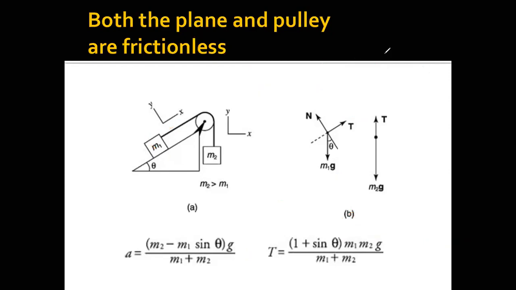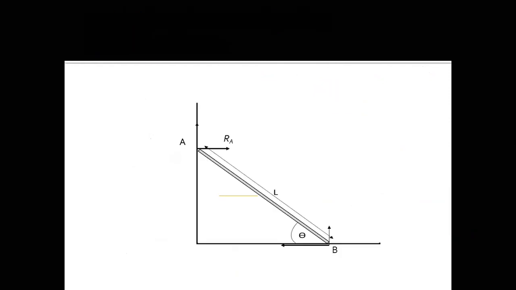Yeah. So moving on, I think we'll see this later too, but for now, let me just touch on it. So once we see this system here, this is a ladder leaning against the wall like this.